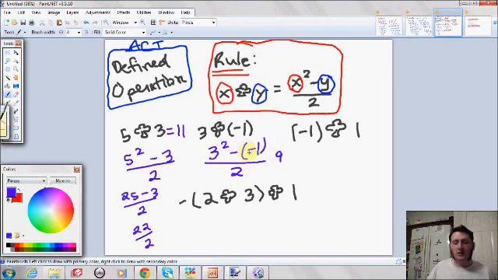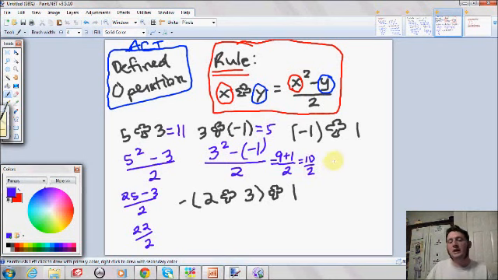Again, I'm starting to cheat and do some of the order of operations out loud. Minus a negative becomes a plus. 9 plus 1 would make 10. 10 over 2. So if this were the problem, we'd say it's equal to 5.